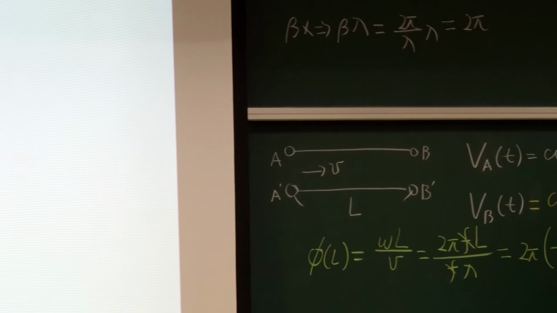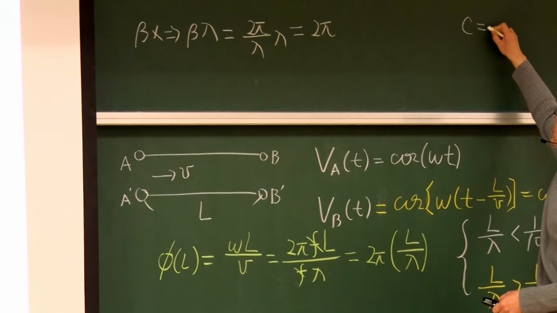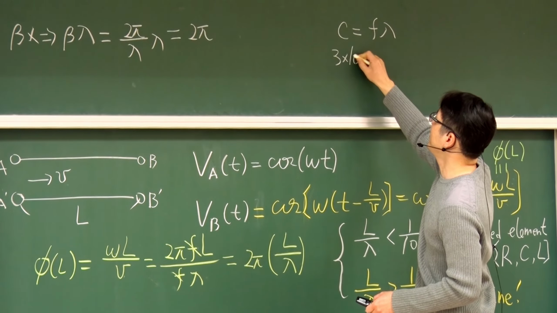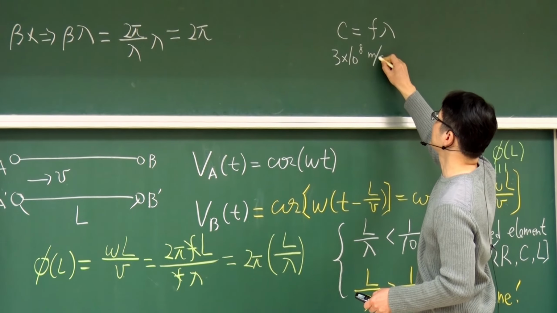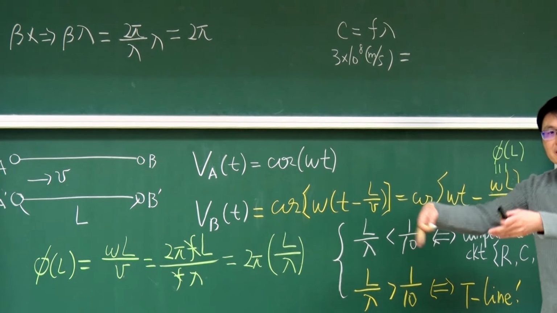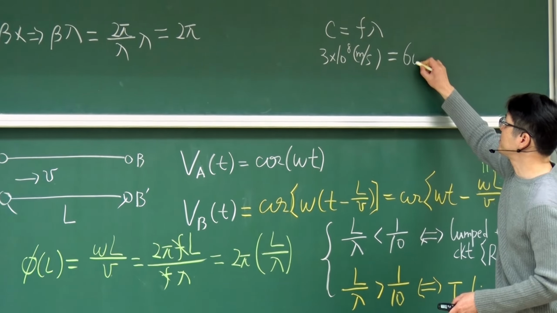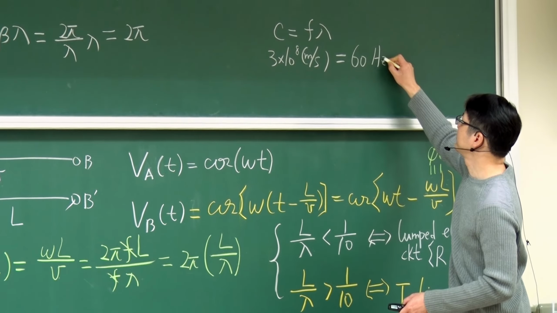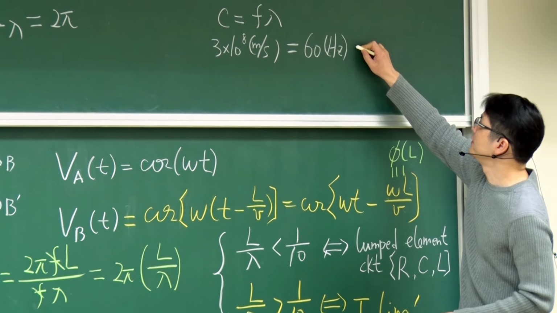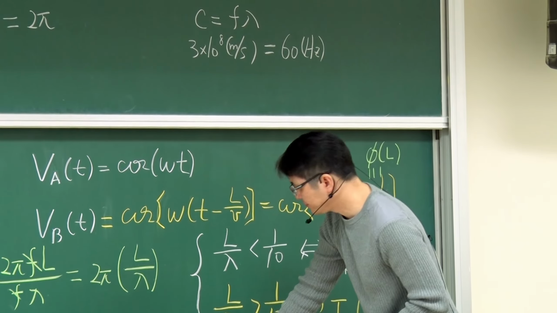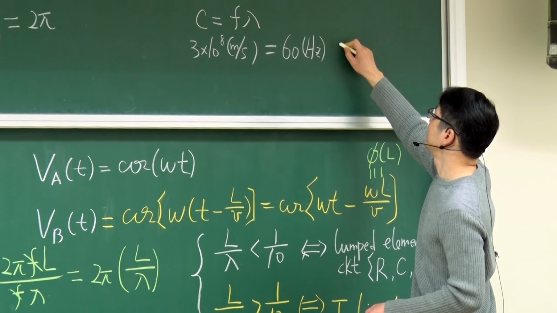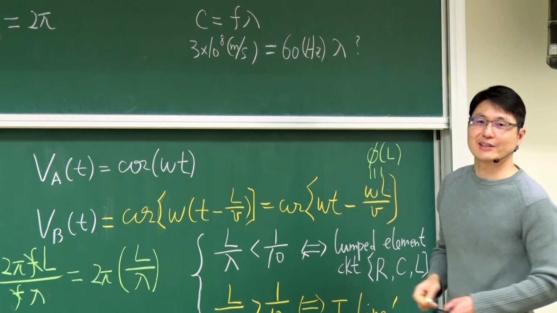Okay? So I want to give you some example. c equals f lambda. So c is 3 times 10 to the 8th meters per second. If your frequency is like the tide power, 60 hertz, then your lambda is how long?